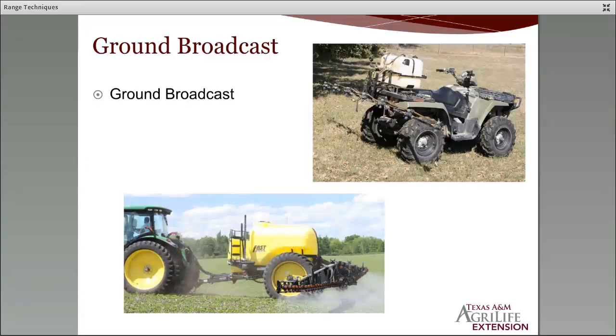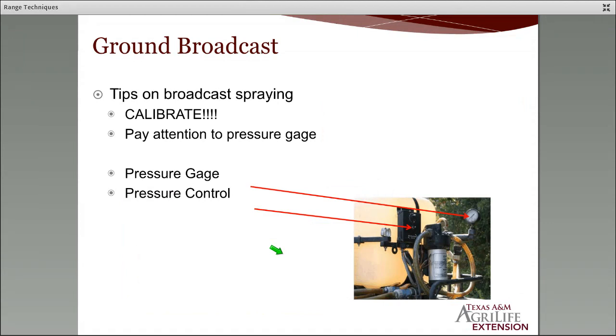So to begin with, let's look a little bit at ground broadcast application. This is probably the application method that the majority of herbicide applications go out with, be it a small ATV broadcast sprayer or something large like this tractor and PTO driven spray rig.